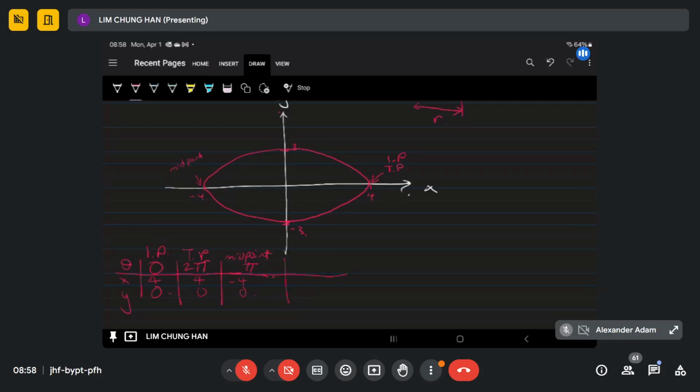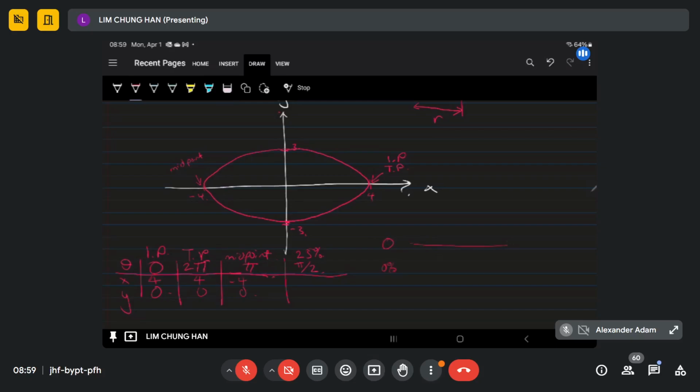So we know it goes from 0 to 2 pi. The midpoint is pi. So let's try pi over 2. Pi over 2 means when it's 25%. 0 to 2 pi. 0 is when it's 0%.